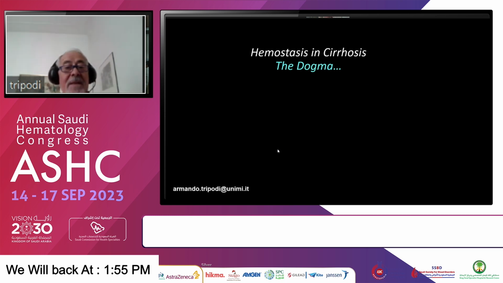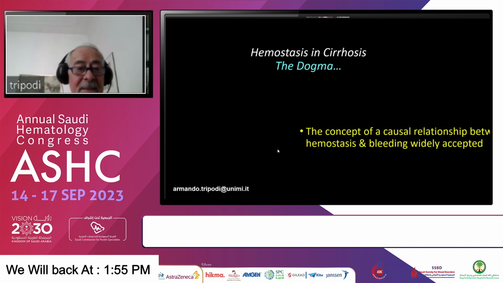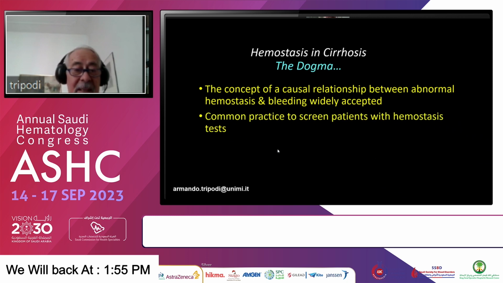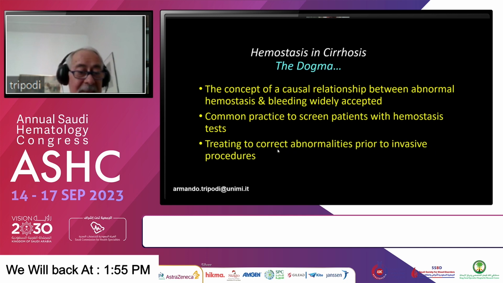Unfortunately, there was a dogma until recently on this aspect, the concept of a causal relationship between abnormal hemostasis and bleeding, which was widely accepted, as shown by the common practice to screen patients with hemostasis tests, and finally to treat them in order to correct the abnormality prior to invasive procedure or surgery.